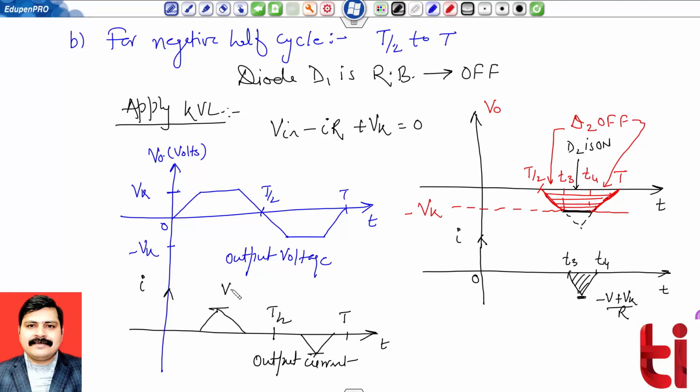So you can take V minus Vk upon R, and this peak is minus V plus Vk divided by R. Now you can check that both this portion and this portion of the input signal are clipped out. So such a type of clipper is known as a bidirectional clipper.